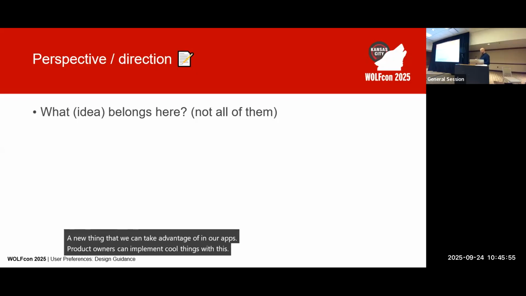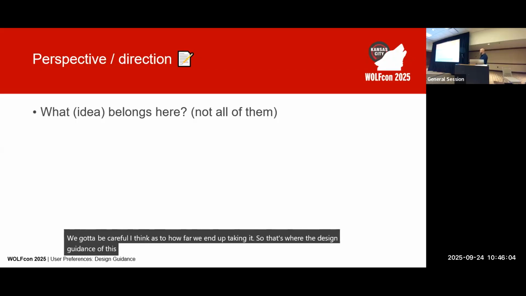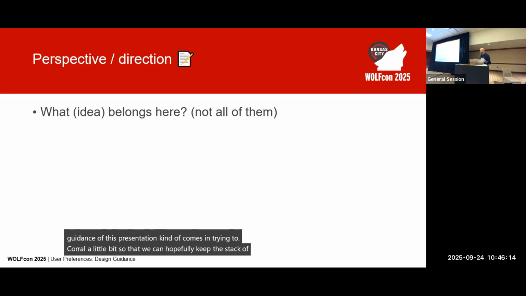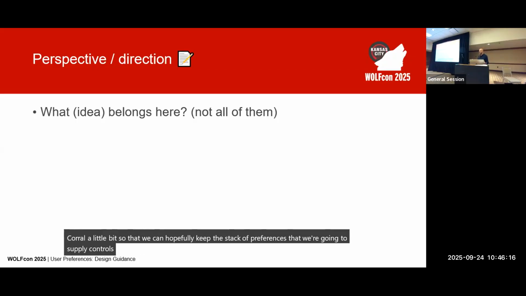We've got to be careful, I think, as to how far we end up taking it. So that's where the design guidance of this presentation comes in, trying to corral a little bit so that we can hopefully keep the stack of preferences that we're going to supply controls for, keep the user experience of just dealing with those things smaller. So it's like, what idea belongs here? Well, not all of them.